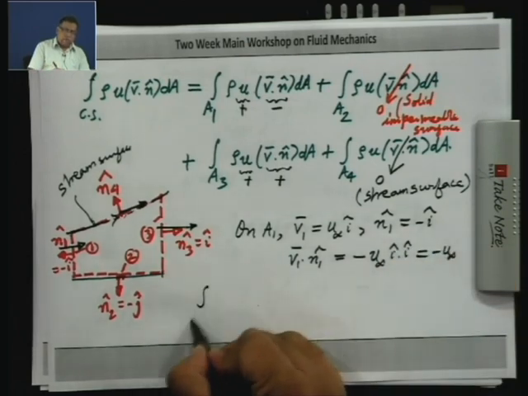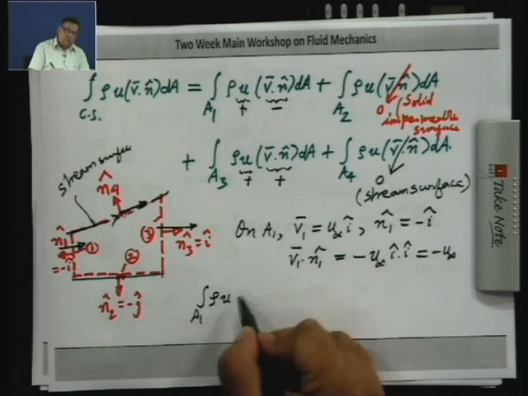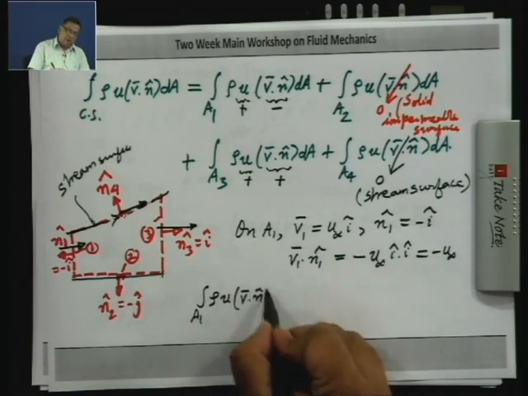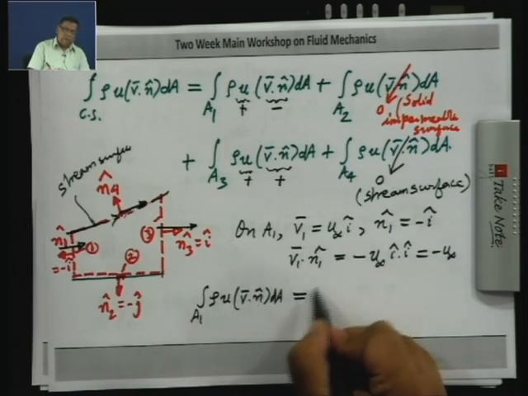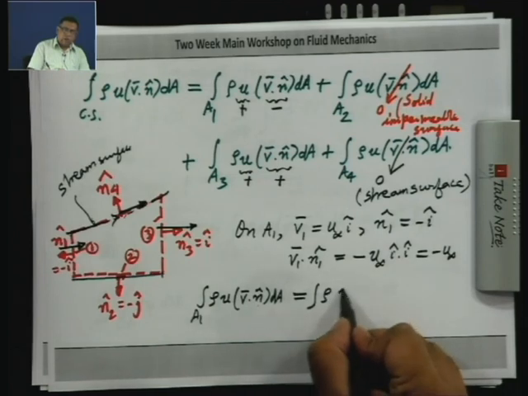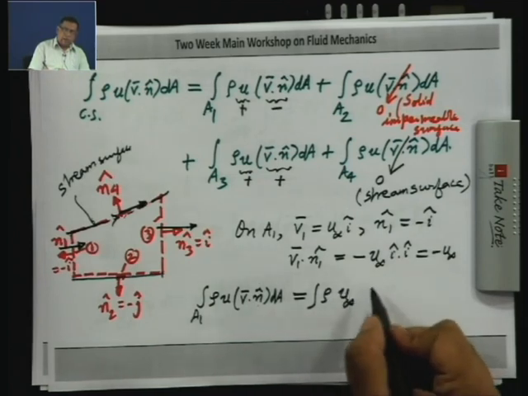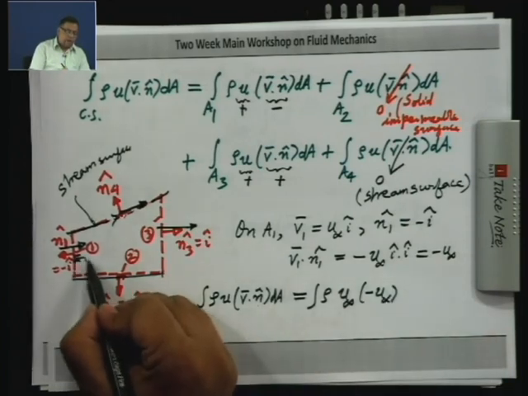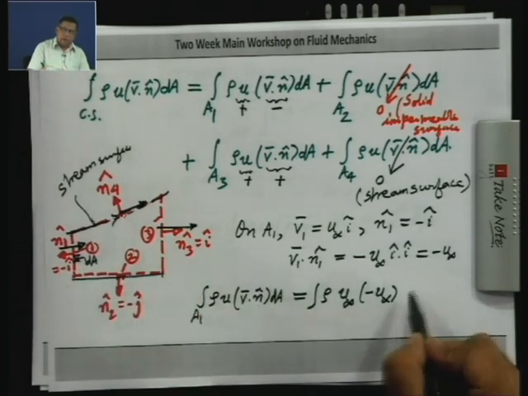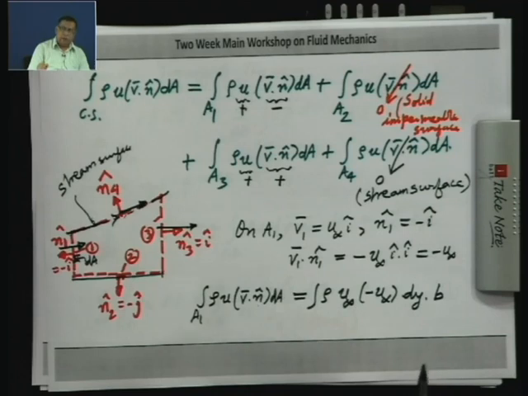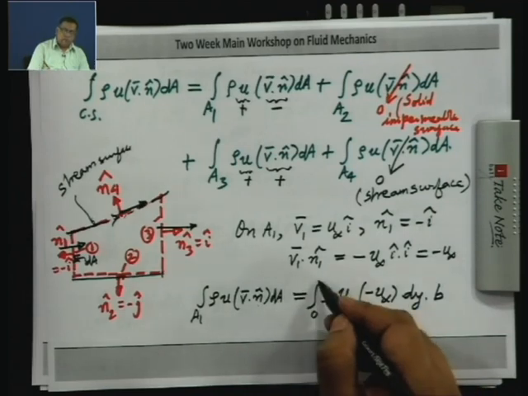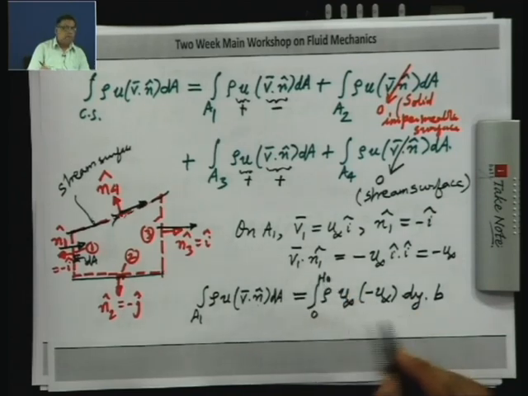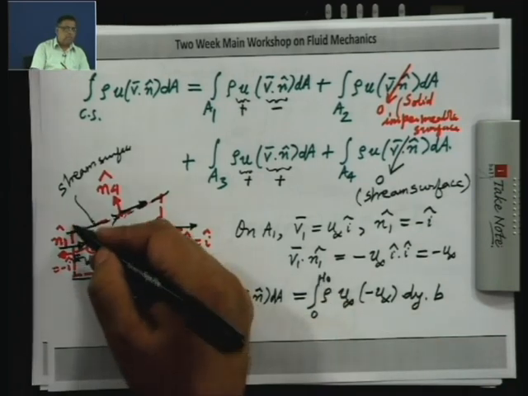So, therefore, the integral over A1 of rho u V dot n dA one can write as the integral of rho u, where u is infinity, and this is minus u infinity. And if I take a small area element here dA, that can be written as dy into the width in the z direction, which I am calling b, and then you integrate from 0 to h naught, that is the range of y for this surface.